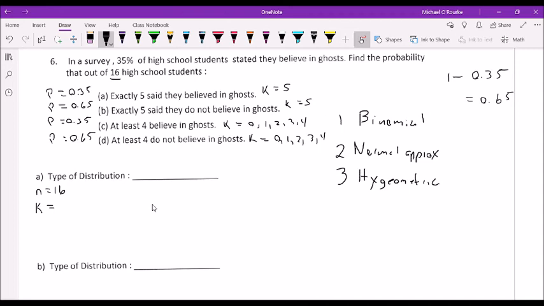Okay, I will do it again. 16 choose 0 times 0.35 to the power of 0 times 0.65 to the power of 16. And press equals. No, but I just put it in with the 1. So should I not put it in like that?